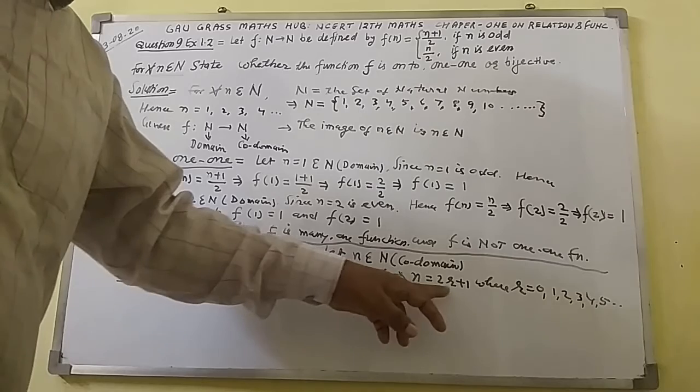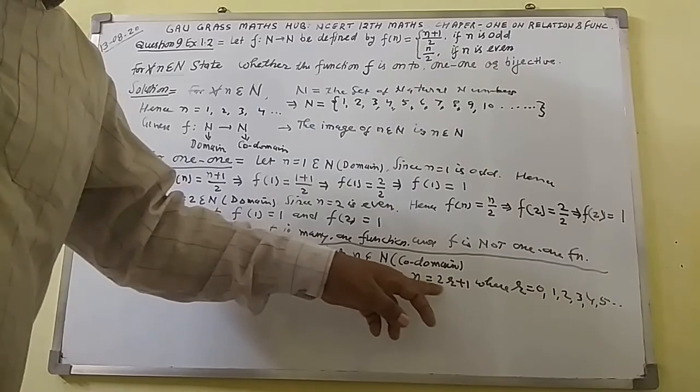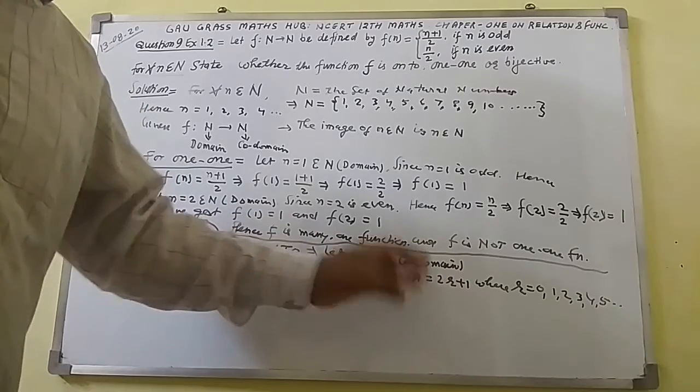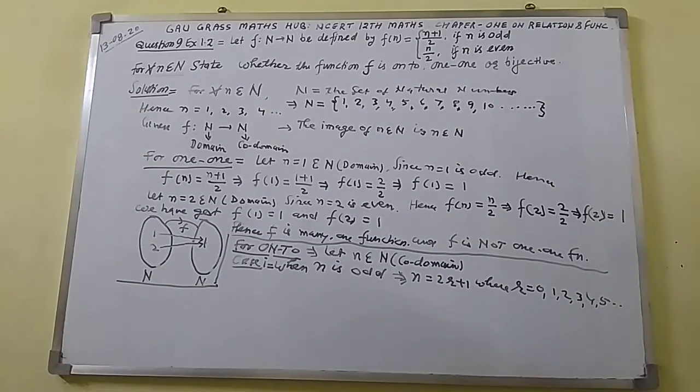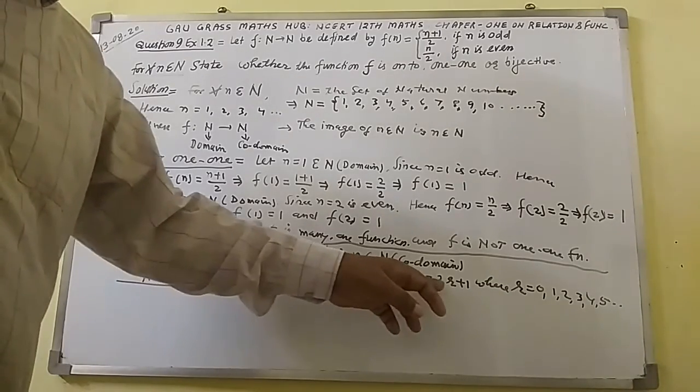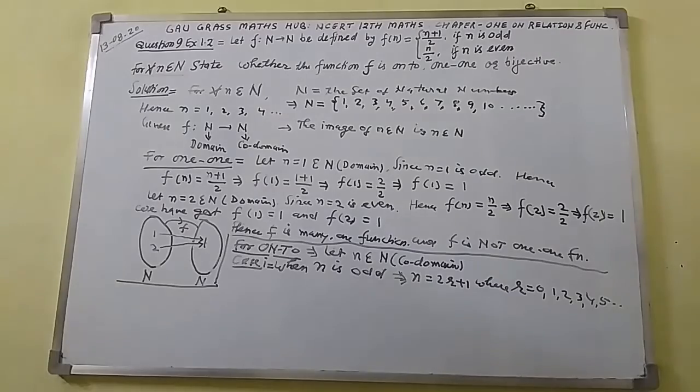If you put the value r equal to 2, 2 twos are 4, 4 plus 1 is 5, the value of n you will get is 5, that is odd. So if you write this statement, n equal to 2r plus 1, n will be odd.